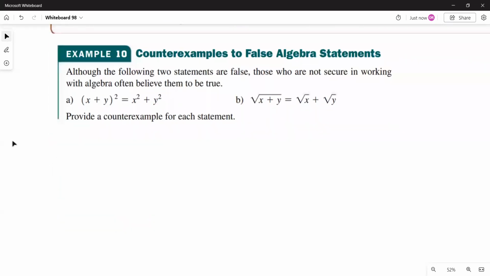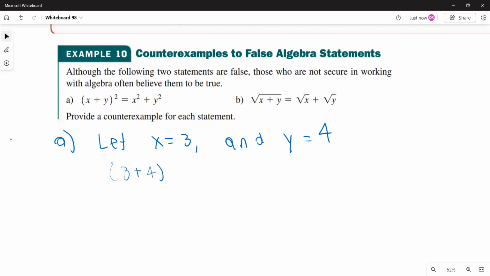So in A, let's suppose that x is 3 and y is 4. The left-hand side is going to be 49. So order of operations, first we simplify whatever is inside parentheses and then we multiply.